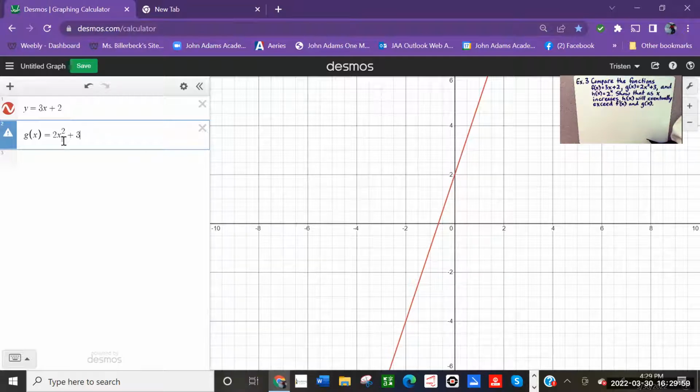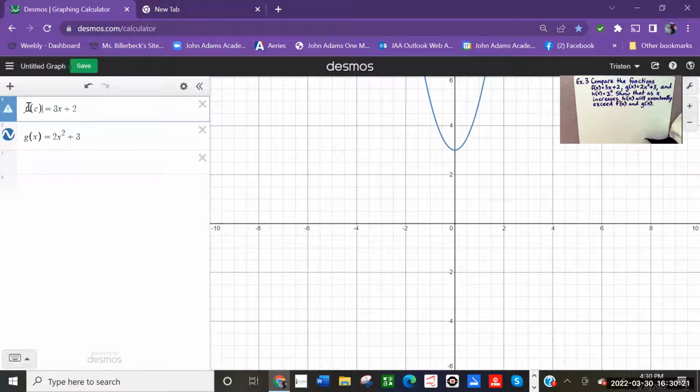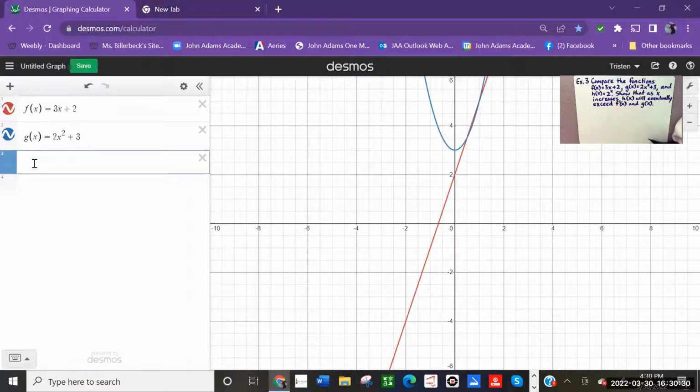So we have that. Let me see if I can get rid of that little subscript thing. There, got it. So now we have a parabola. Okay, let's go back and make this f of x. Typing is an important skill.